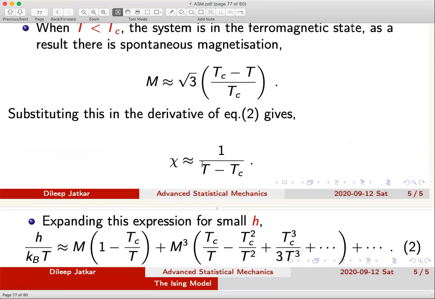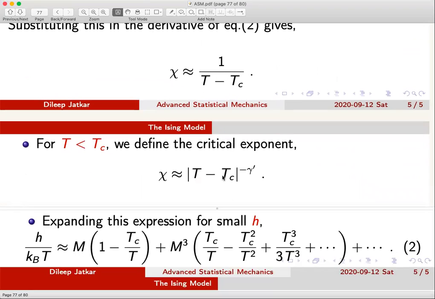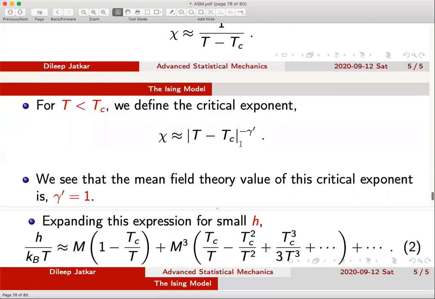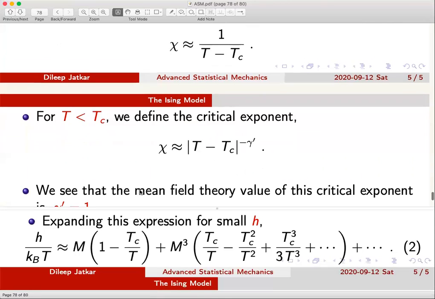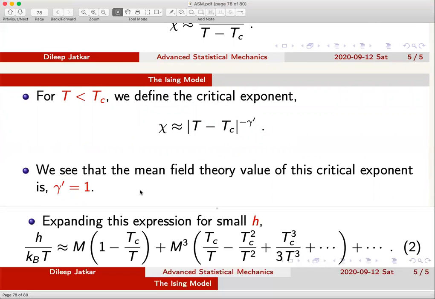What you find is that chi below Tc also has similar behavior. Therefore if you define the critical exponent below the transition temperature, that chi goes as modulus of T minus Tc to the minus gamma prime, then gamma prime turns out to be 1 again in the mean field approximation. So we have determined 4 critical exponents so far: beta, which was half, delta, which was 3, and gamma and gamma prime, both of which were 1.